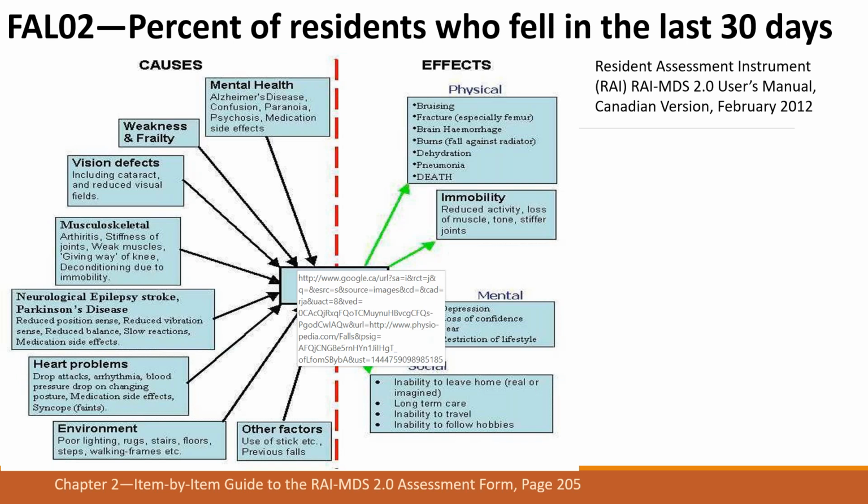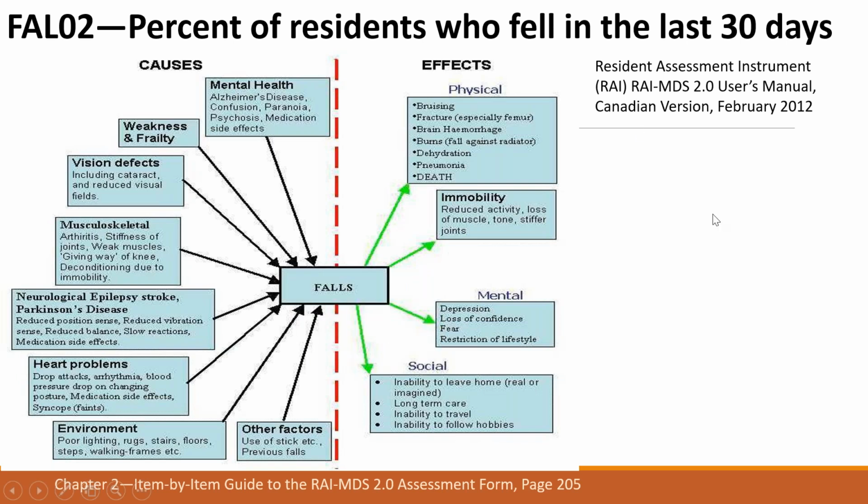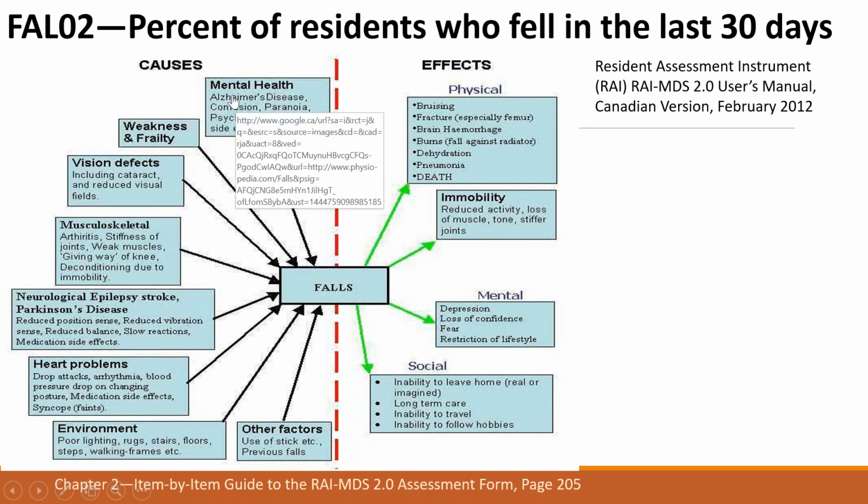So when we look at falls, we can see that falls, from a modeling point of view, covers a large number of possible causes or risk factors for an individual. And MDS does not cover all of these in the RAPs and the CAPs. You can see that there are obviously mental health issues that would put a person at higher risk for falls.